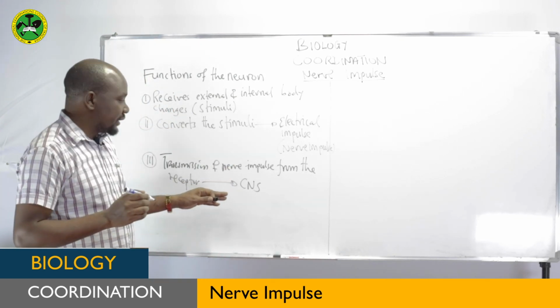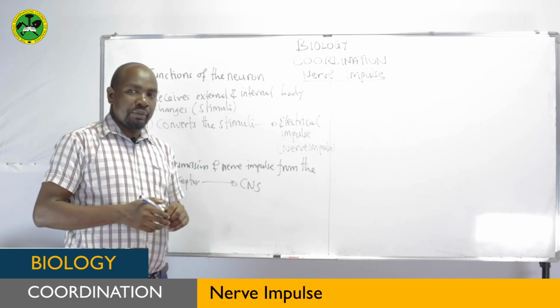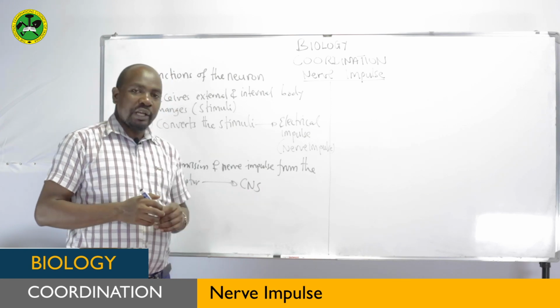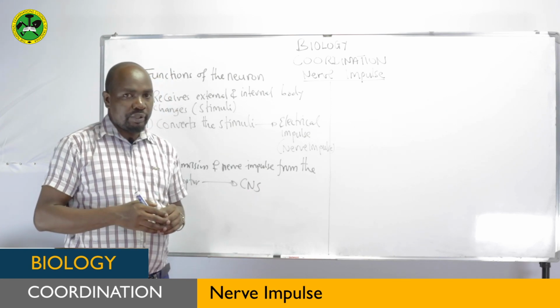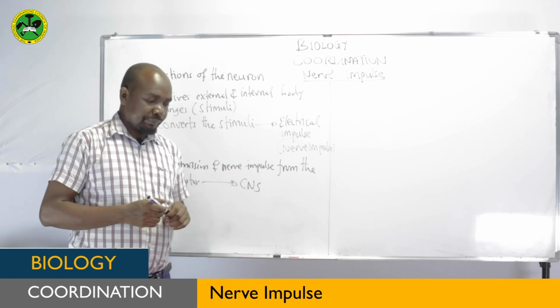The central nervous system comprises mainly the brain and the spinal cord, whose major function is interpretation of the message brought by the neuron.